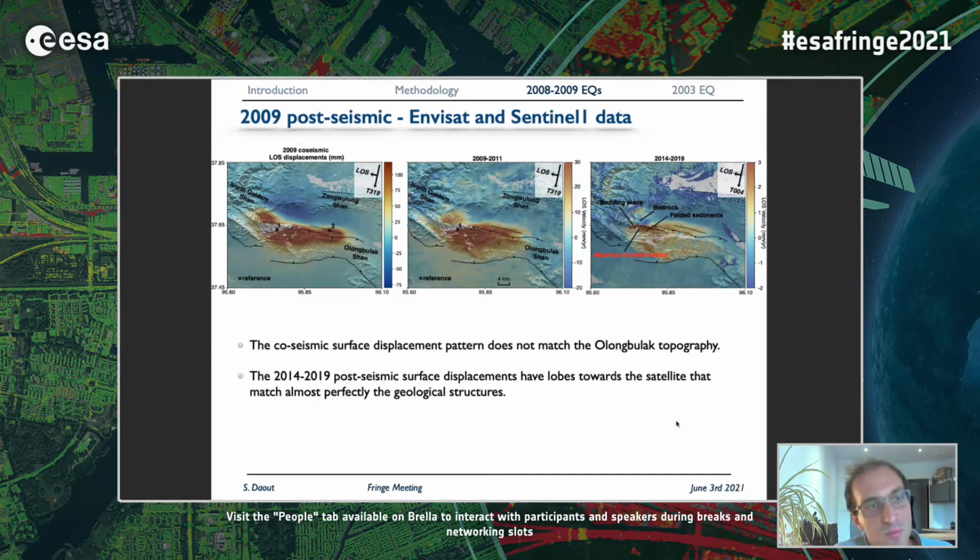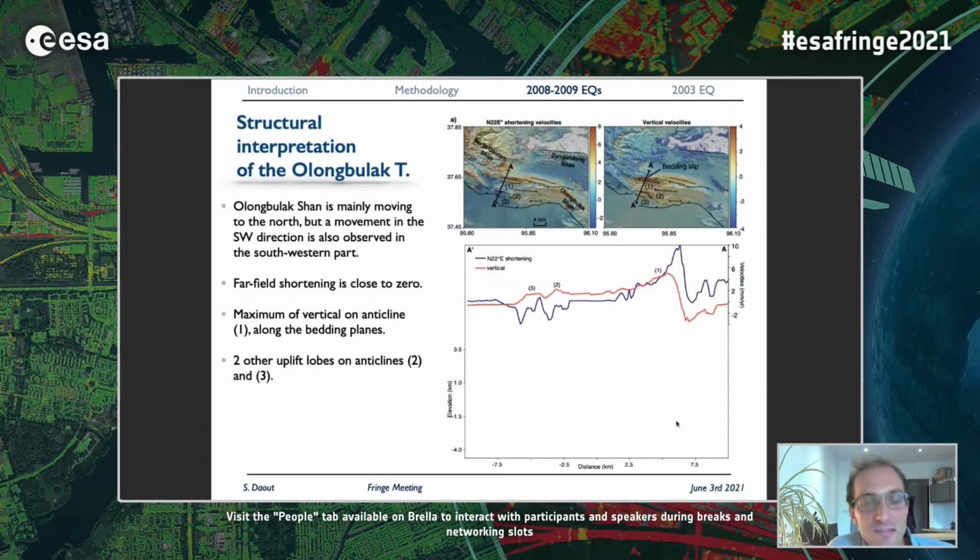And what is remarkable here is that while the coseismic surface displacement pattern doesn't match this young Yumu-Langshan range, slowly in time, the post-seismic surface displacements have lobes towards the satellite that match almost perfectly the young geological structures.